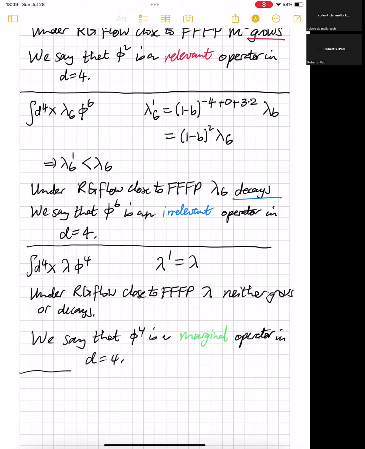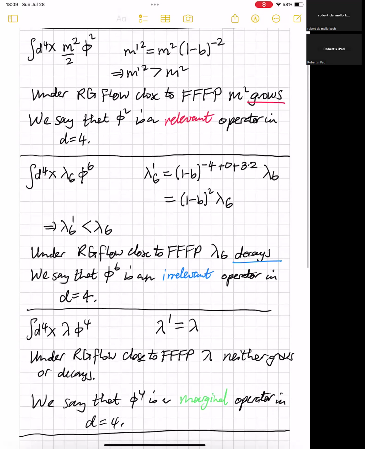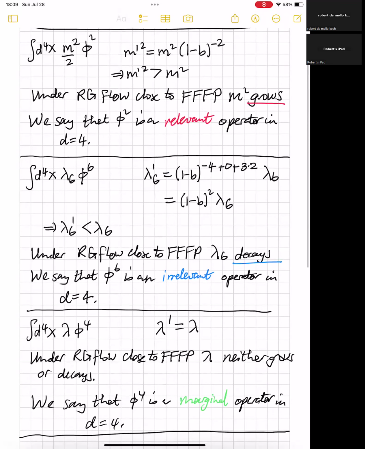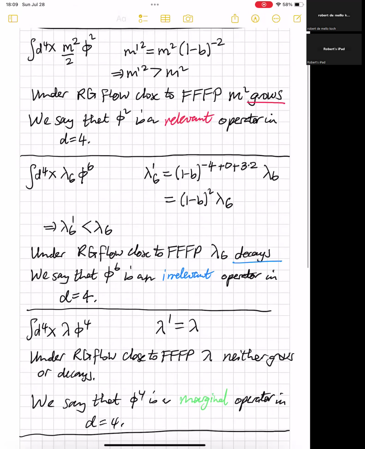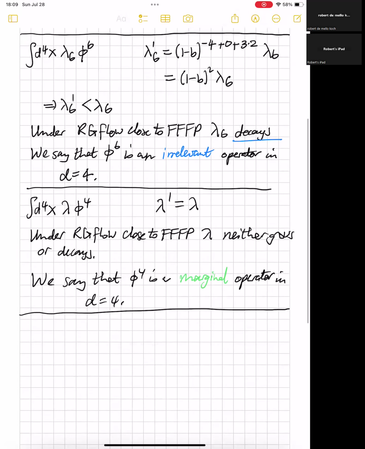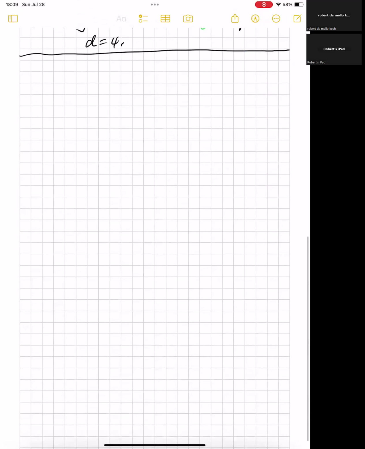Good. So we can classify all terms in the action as either relevant if they grow during the RG flow, irrelevant if they decay during the RG flow, or marginal if they neither grow nor decay.